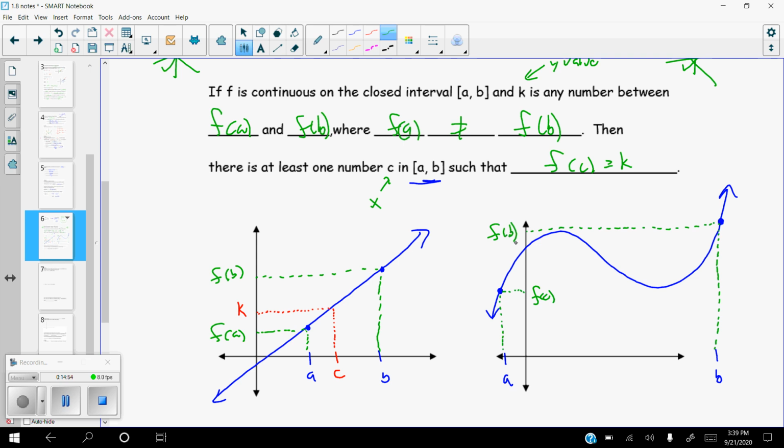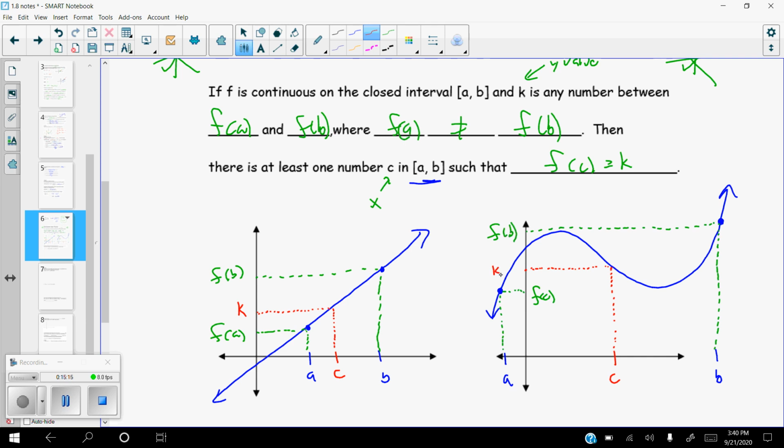So according to this, if I put C someplace in between A and B, I'm going to go ahead and put C right here. According to this, if I go up to the graph, my y value, my K value here has to be in between f of A and f of B, and it is.